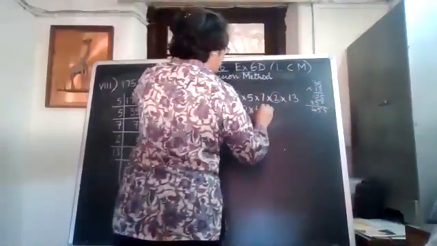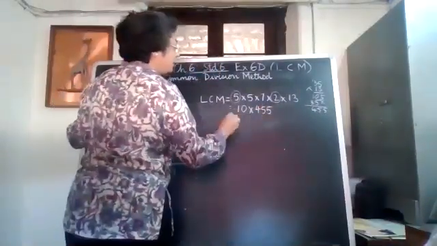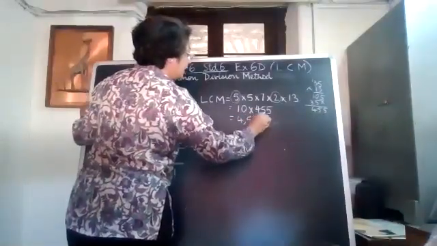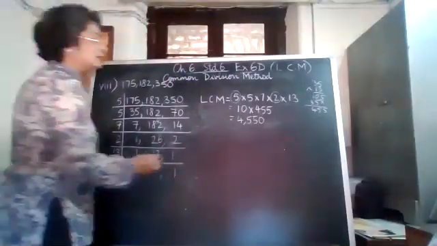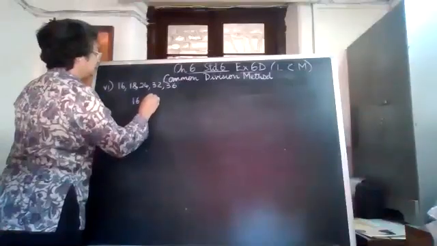Okay, so you get 455. 455 into 10 will give you 4,550. Okay, so your answer is LCM is equal to 4,550.